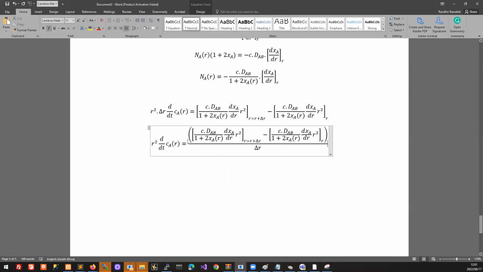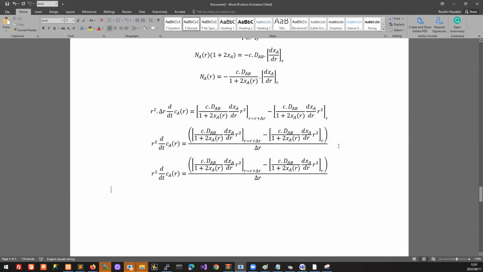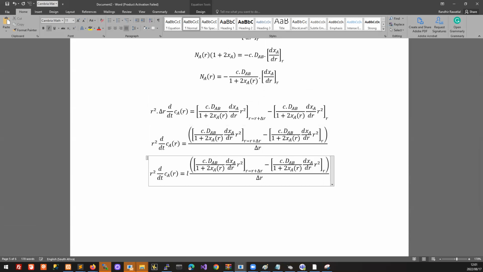Right, and then we can take the limit as delta R goes to 0.